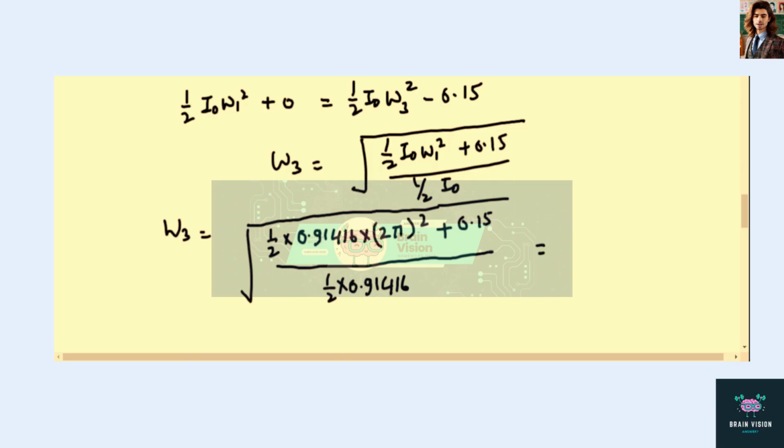So on solving it, you will get angular velocity at third position to be 6.309246 radian per second.